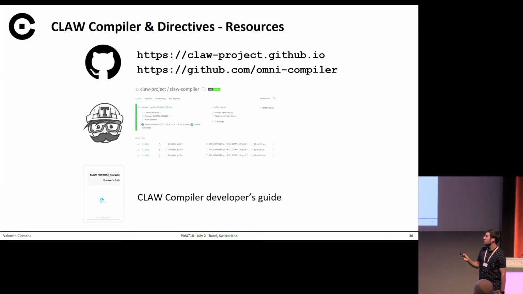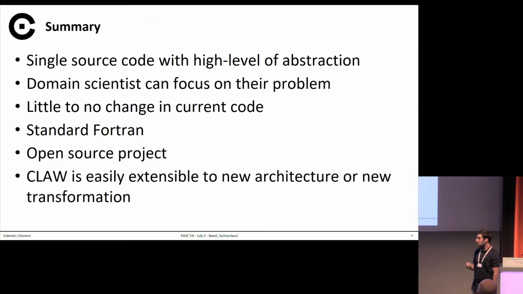As I said, everything is open source. It's available anytime on GitHub, both for the OMNI compiler and the CLAW project. You can even test your code on Travis CI, and you have some manual if you want to implement your own transformation. As a summary, we have proved that we can reach performance portable code with simpler code, actually.